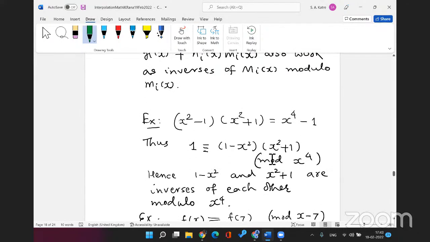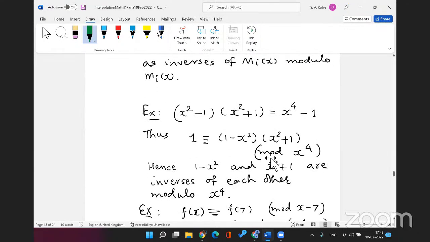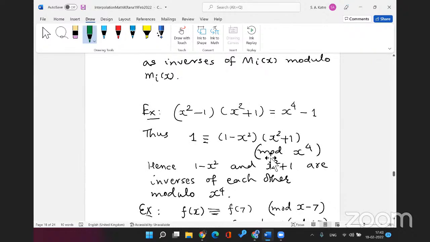Now just this simple example. x square minus 1 into x square plus 1 is x raised to 4 minus 1, we know. So if you go modulo x raised to 4, this product is minus 1.